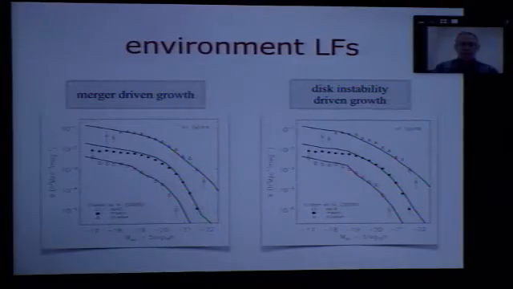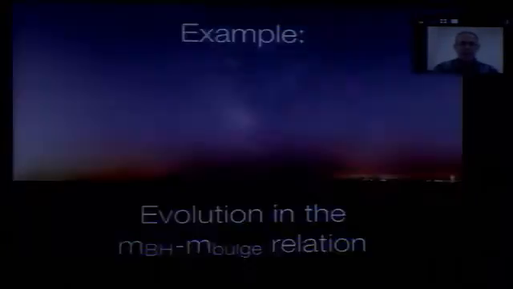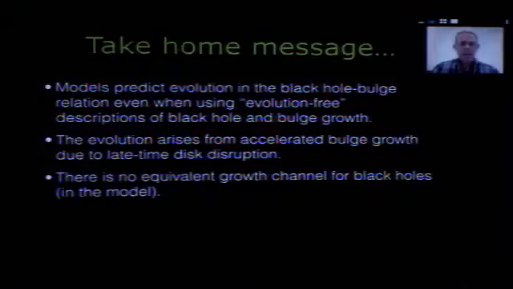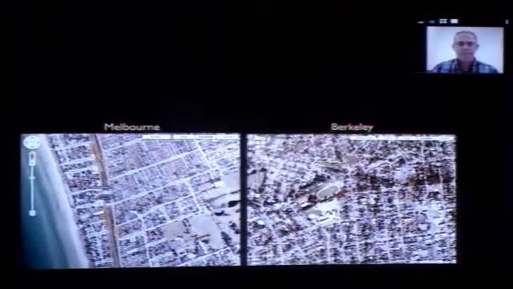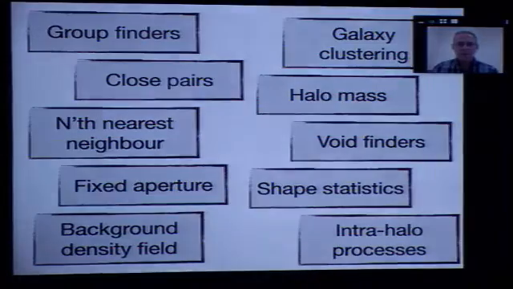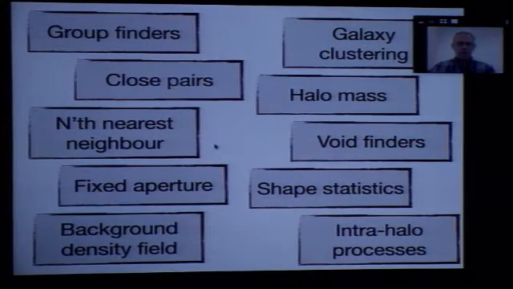I just want to make another point with environment, and that's that I'm always a little bit dismayed when, so the 2 most popular environment measures are this nth nearest neighbor and fixed aperture. And nth nearest neighbor just means take your galaxy that you're interested in looking at the environment for and find the 5th nearest neighbor away.